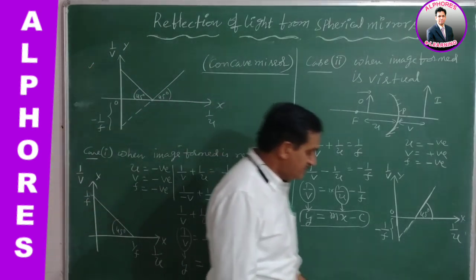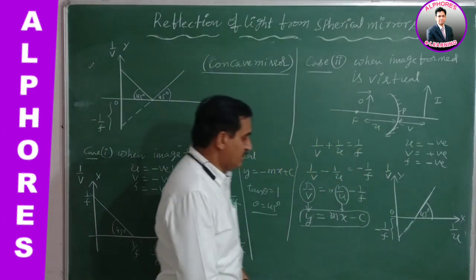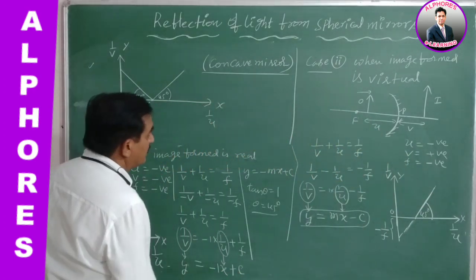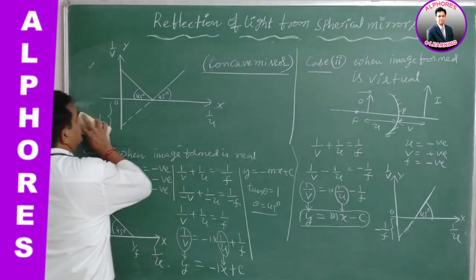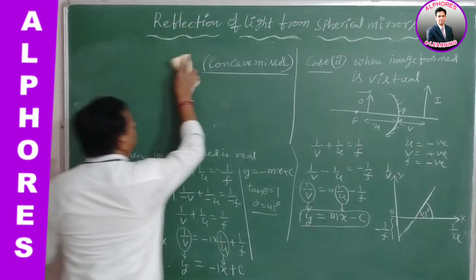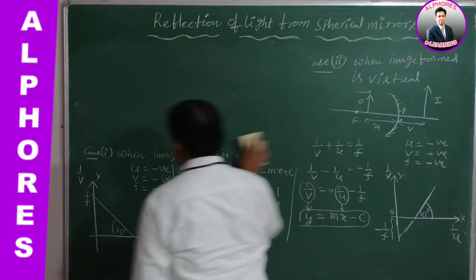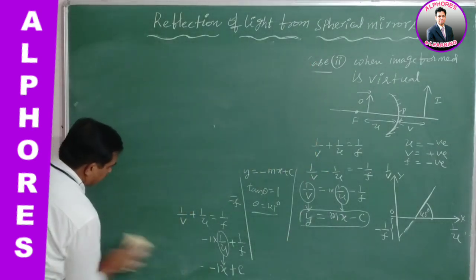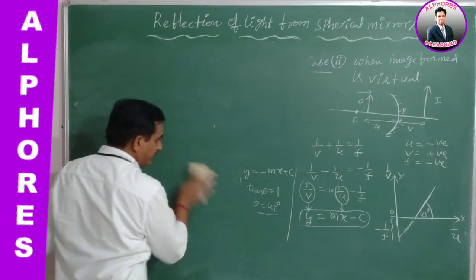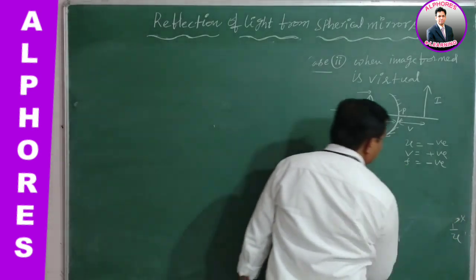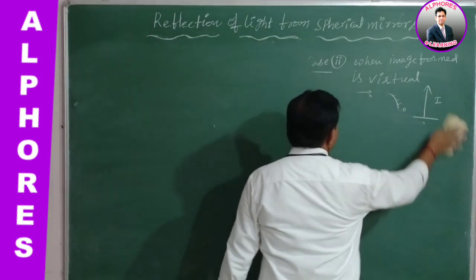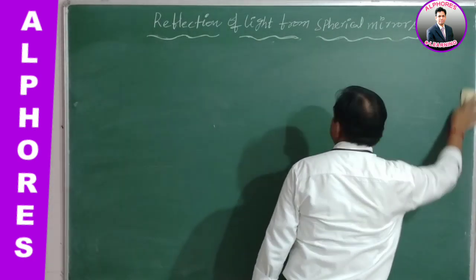Okay, so let us move on to another graph, which is related to the convex mirror. In case of a convex mirror, we know its fundamental: a convex mirror gives a virtual image always for a real object.